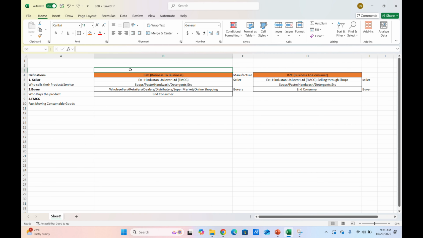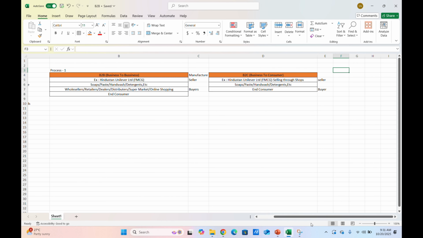Like let's say this is process one. Okay, I'll give you another example here, process two, how B2B is run between two companies. Okay, first let me copy here.